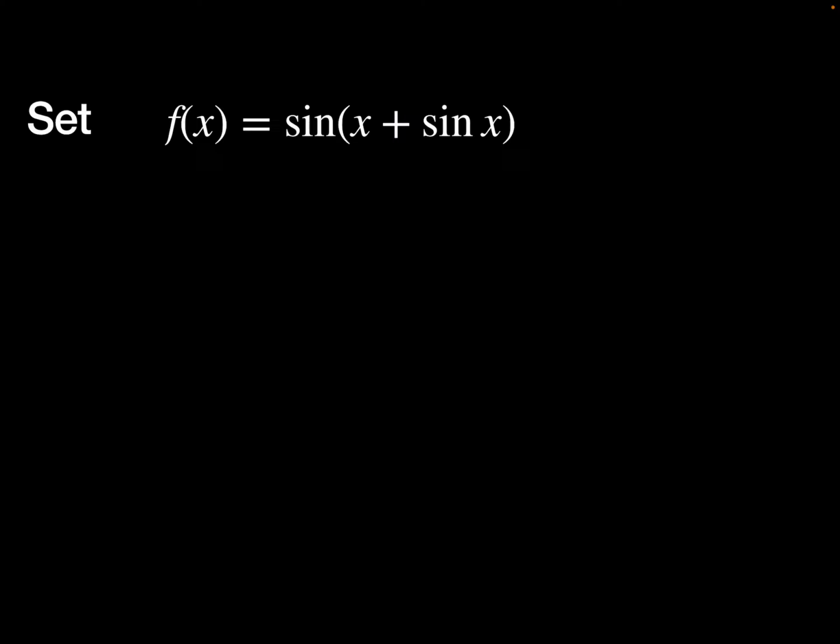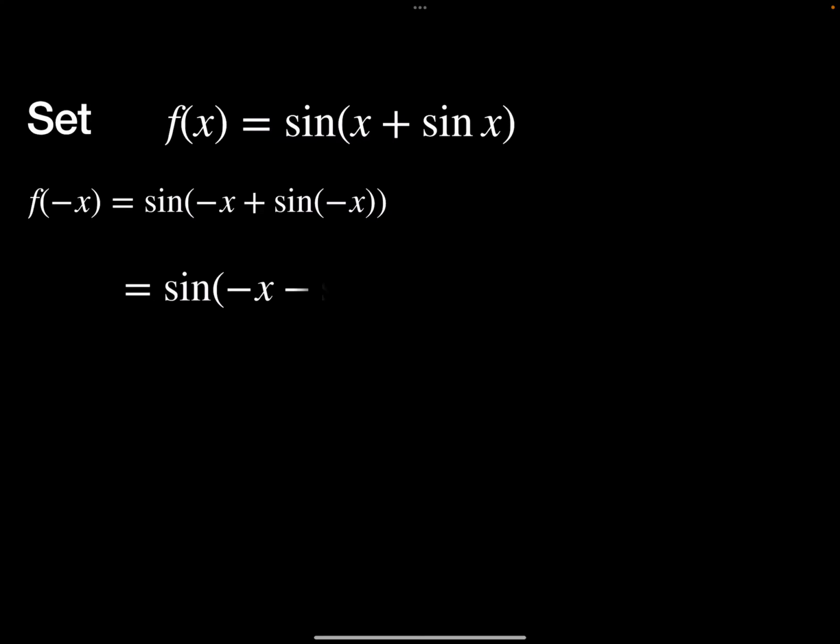Okay, let's start with the oddness. So f of negative x is equal to sine of negative x plus sine of negative x. But we know that the sine function is odd. So I'm going to use the oddness on the inside sine first.